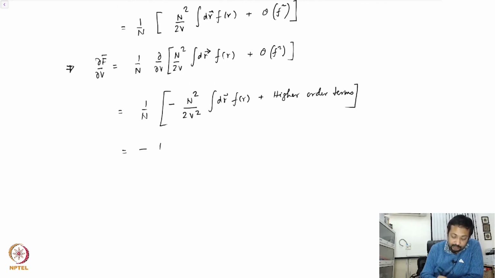I can simplify this further to write this as minus N/2V² ∫dr f(r) plus higher order terms.